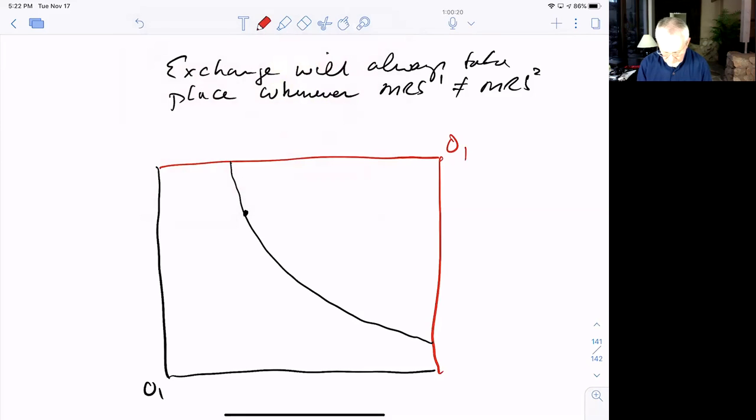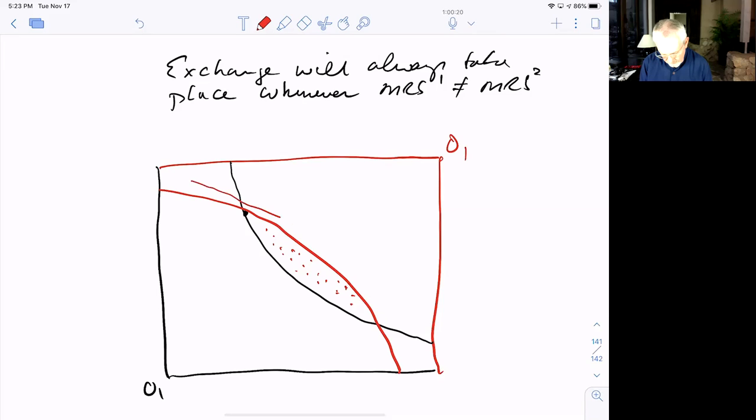Here's the indifference curve of 2 that goes through that point. And there are all these trades in here that would all make each better off. So will they trade? Yes, they will.